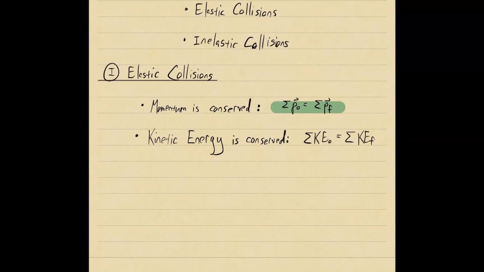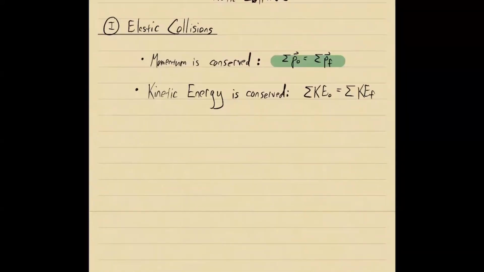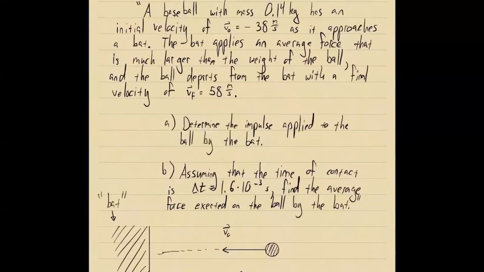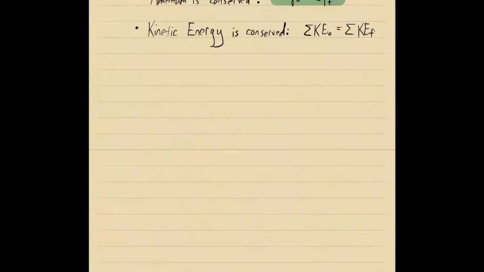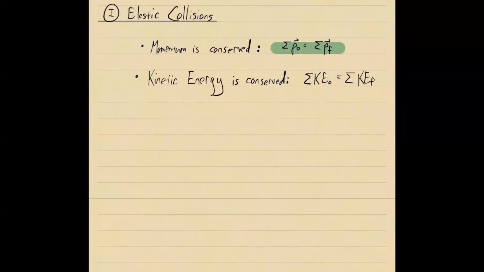So let's look at an example. This is going to be example, what's the last one? 3. All right, this is going to be example 4. So example 4 is going to be talking about an elastic collision.